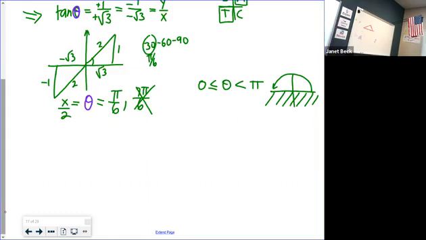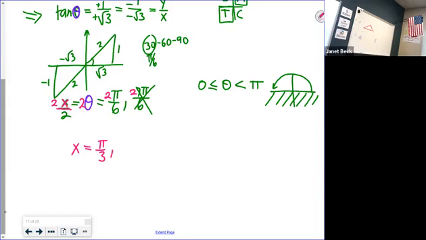Now I want to solve this for x. X at the moment is being divided by 2. How do you cancel out divided by 2? You multiply by 2. You put 2 in the numerator. So x would be 2 pi over 6, which is pi over 3.